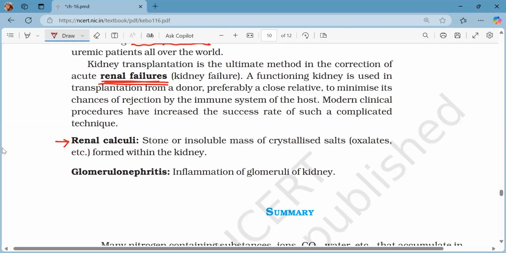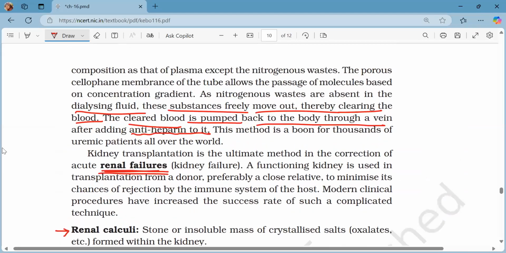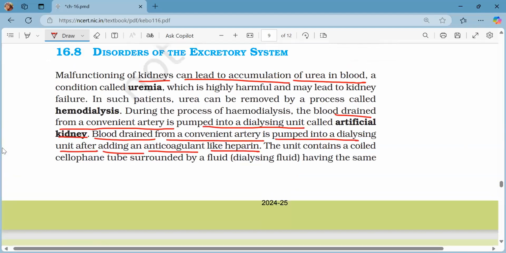These are stones or insoluble masses of crystallized salts like oxalates within the kidney. It's very painful and it has to be removed. Then there is glomerulonephritis, where inflammation of the glomeruli takes place. So all of these are the disorders of the excretory system.